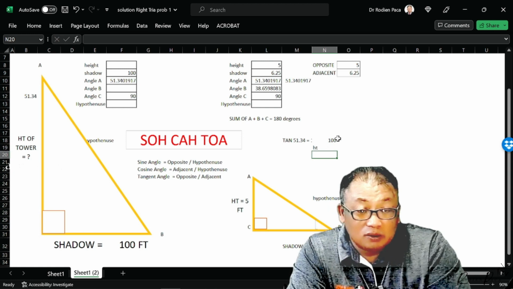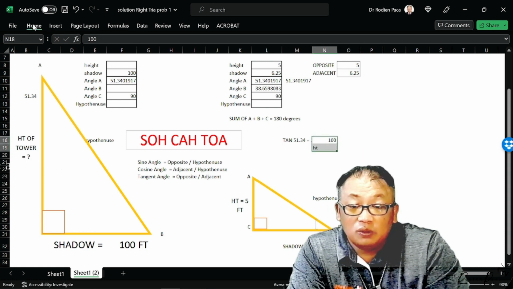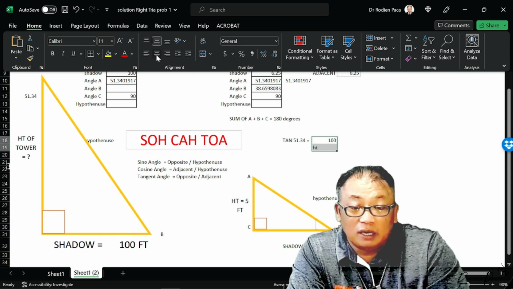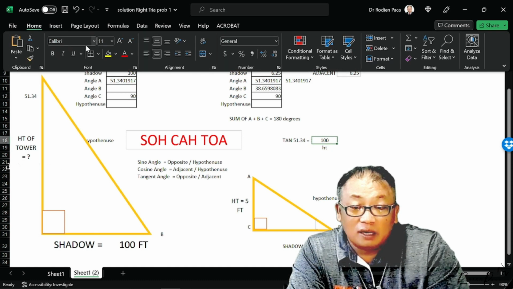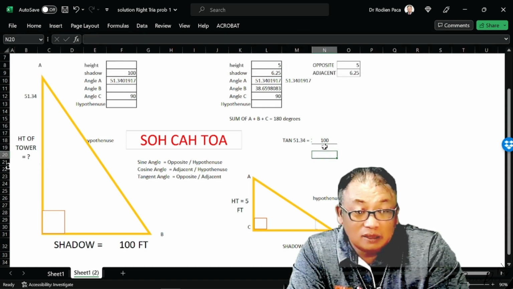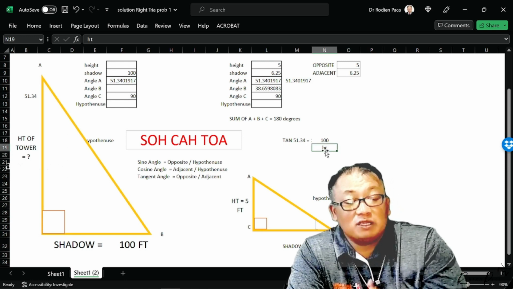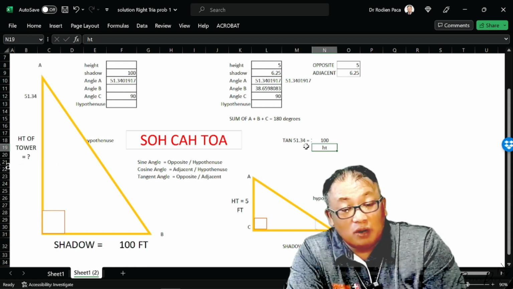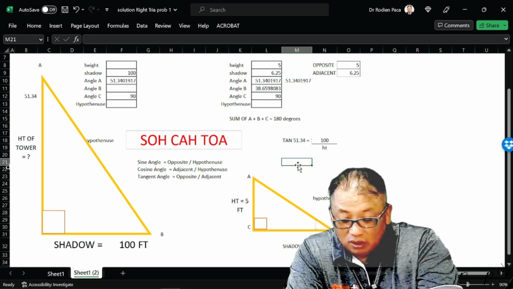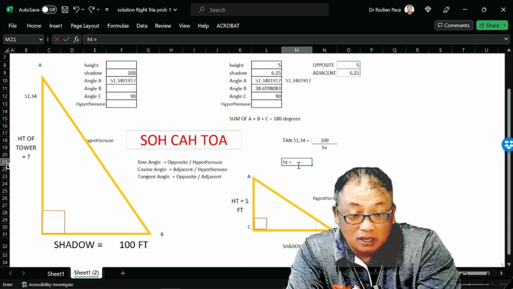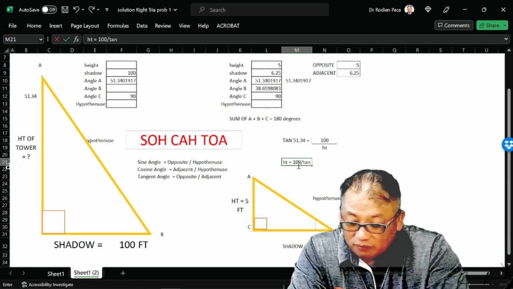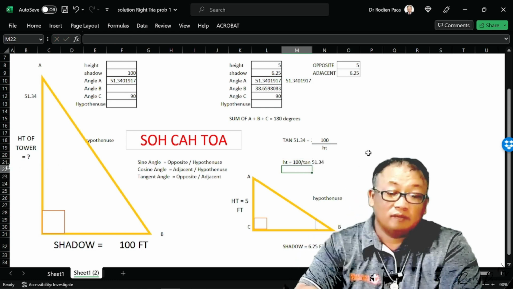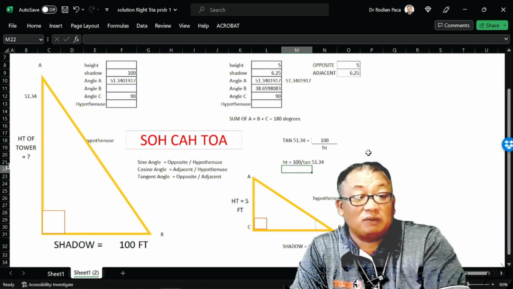So this is the basic if we have to solve in the calculations, and I have to put a line here because we're using Excel. Okay, 100. If you multiply this, because we're looking for height, a cross multiplication will give you the height of the tower equals 100 over tangent 51.34. So this will give us the height of the tower.